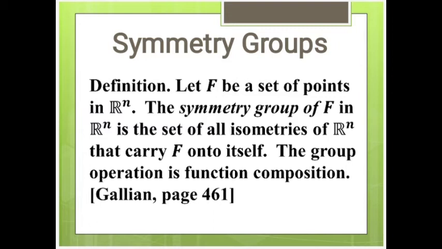The symmetric group of F in R to the power of n is the set of all isometries of R to the power of n that carry F onto itself. The group operation is function composition.